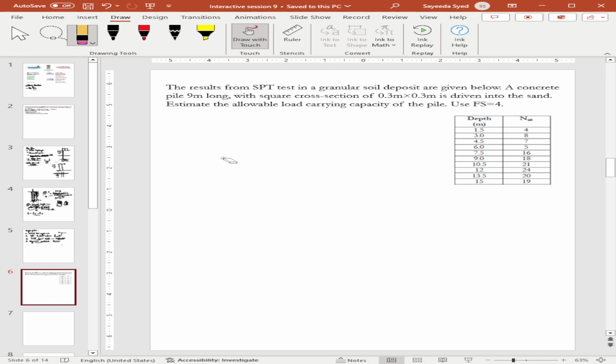Okay, so let's start then. Let us first, as I always mention, draw the diagram of our question. A driven closed pile of length 20 meter has a circular cross section of diameter 0.5 meter. Let us draw a pile.